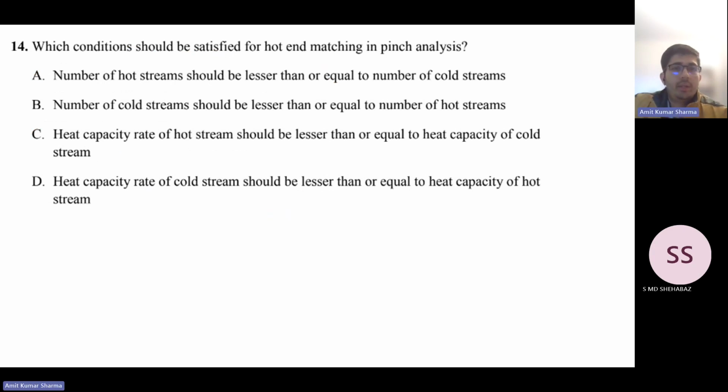Which condition should be satisfied for hot end matching in pinch analysis? So try to recall the pinch point analysis and find the correct answer. We have also done a numerical on pinch point analysis today, and it is a very important topic in the context of heat exchangers.